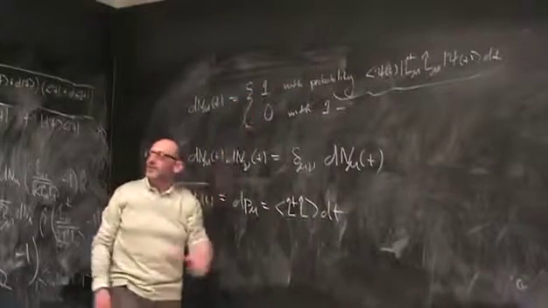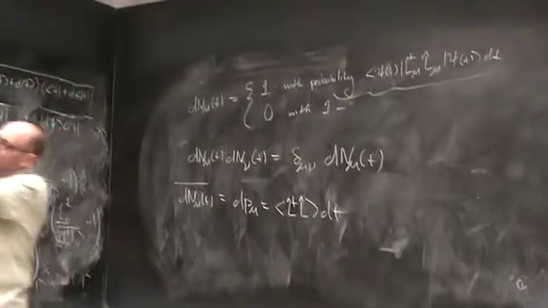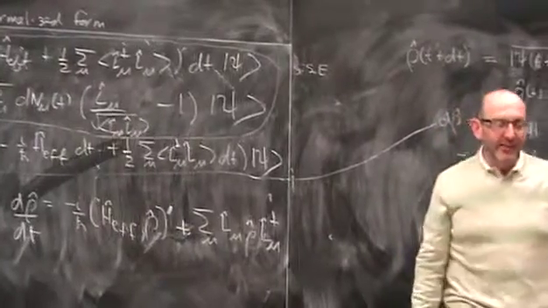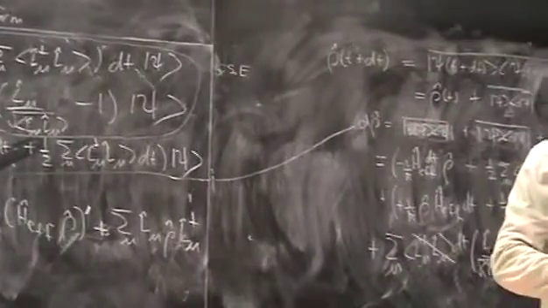And based on those photon counting statistics, we'll have a stochastic Schrodinger equation, which will take a very nice form. So that's where we're headed, and that's what we're going to do next week. All right?